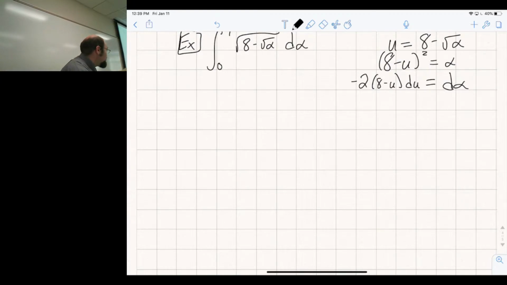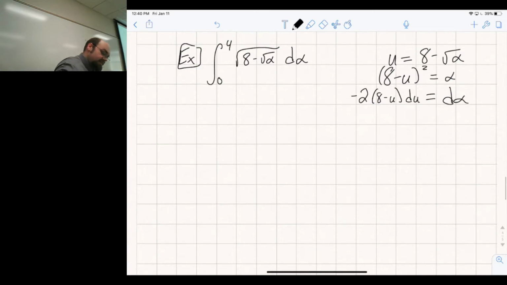It comes from the derivative of 8 minus u on the inside, right? The derivative of 8 minus u is negative 1. So that goes to the outside with that 2. And the 2 came from the power rule, right? Bring the 2 down to the front, subtract 1, multiply by the derivative of the inside, which is where that negative comes from.